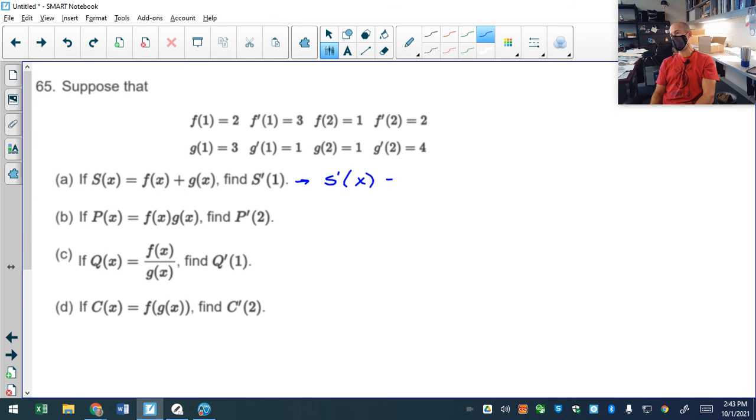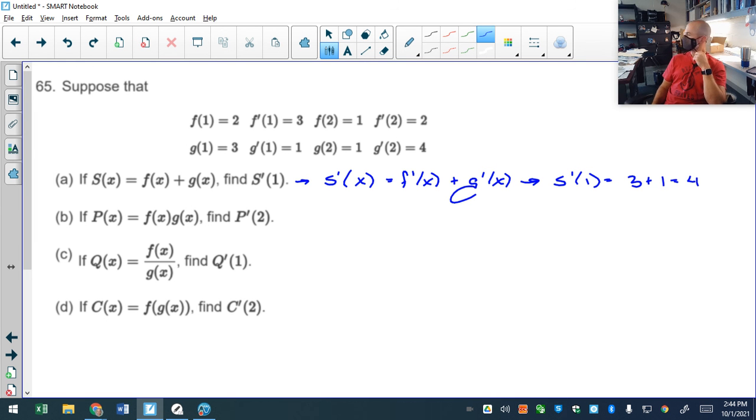S prime of x would be f prime of x plus g prime of x. Technically, there's not really a sum rule for derivatives. You just treat them separately and you add them together. I guess that would be the sum rule. And then we plug in 1. S prime of 1 would be f prime of 1, which is 3, plus g prime of 1, which is 1, and 3 plus 1 is 4.